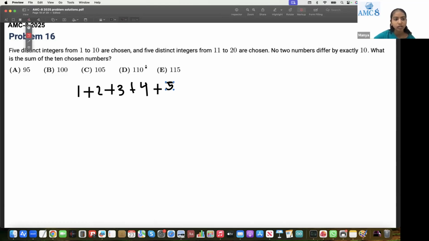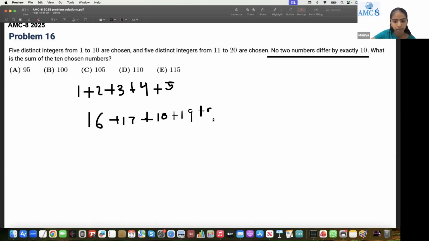So in this case, they cannot differ by exactly 10. So that means it has to be 16 plus 17 plus 18 plus 19 plus 20. And now we just need to add these all up.